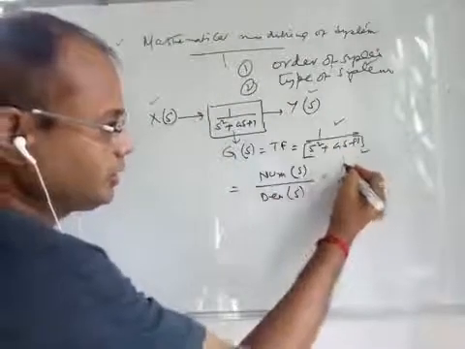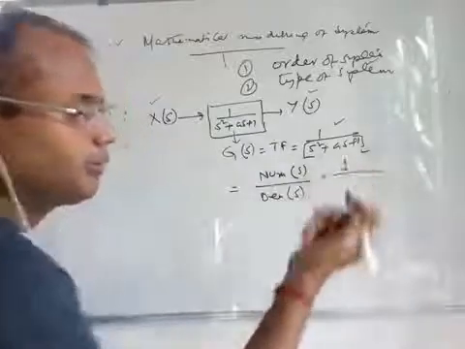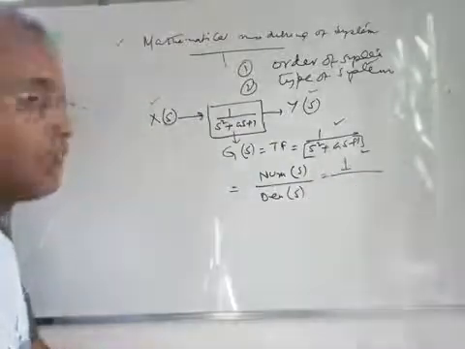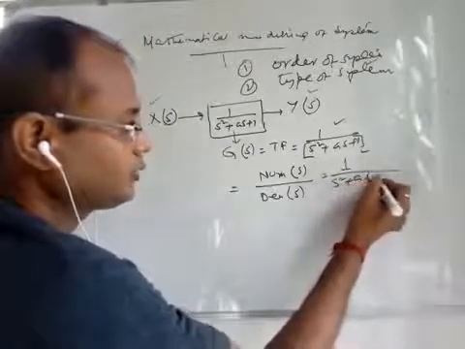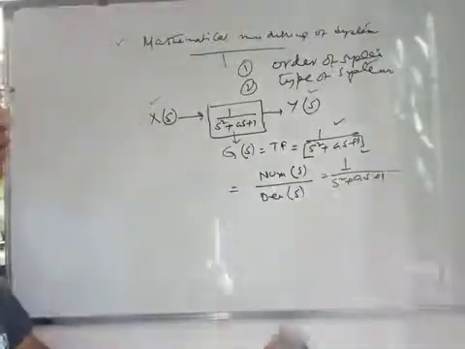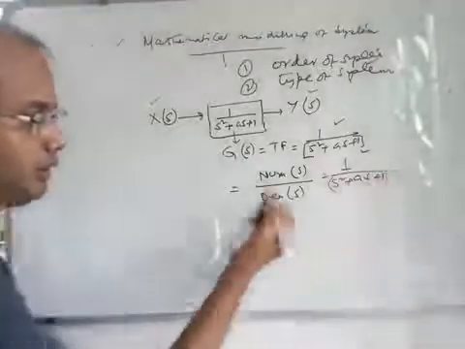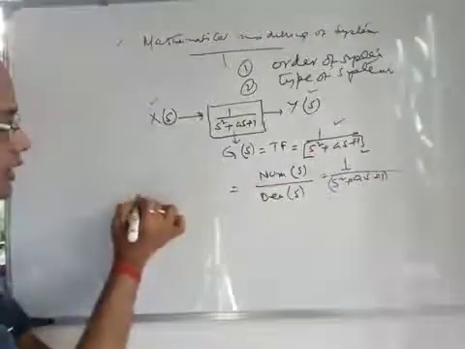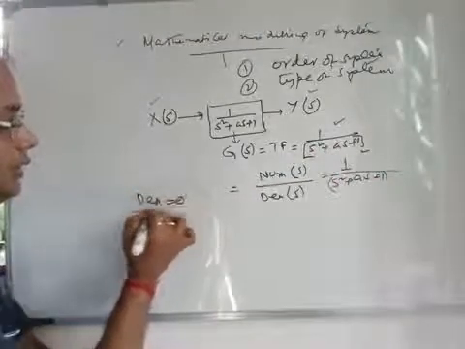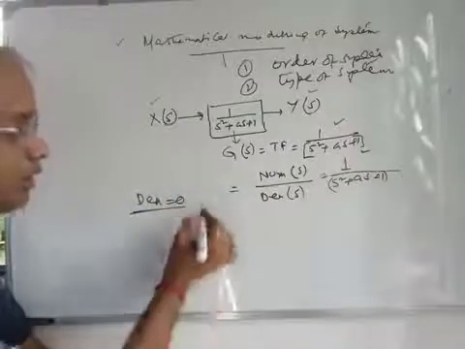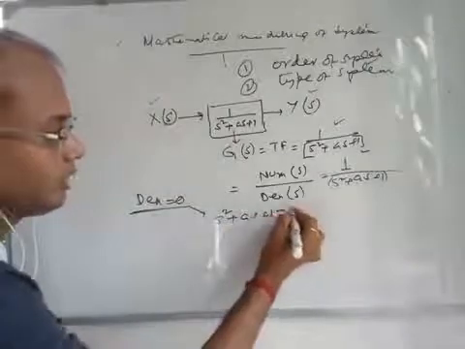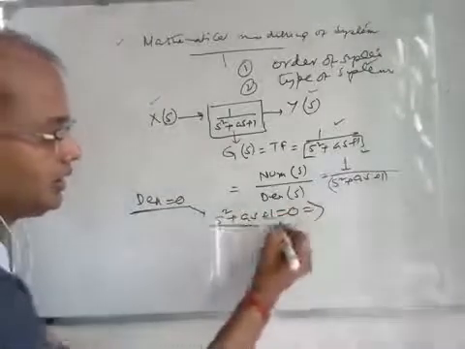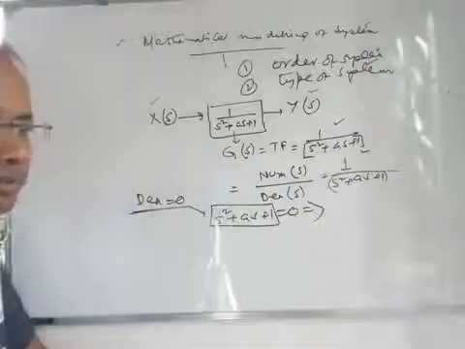Nothing, the numerator is 1 irrespective of s, that is constant 1. And the denominator is s square plus as plus 1. If you make the denominator equal to 0, you get s square plus as plus 1 equal to 0. That means this is a second order factor.